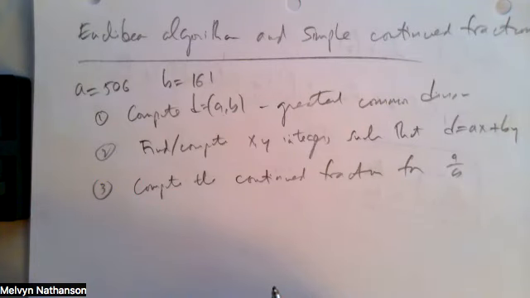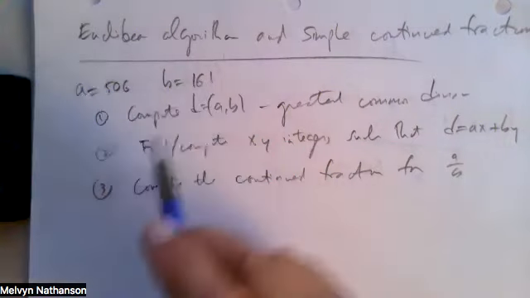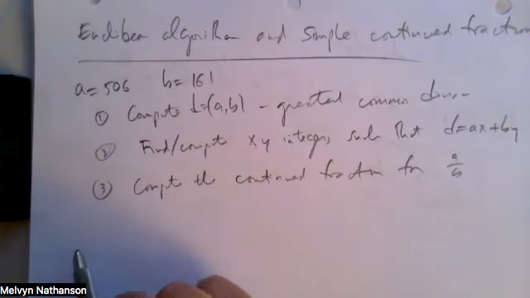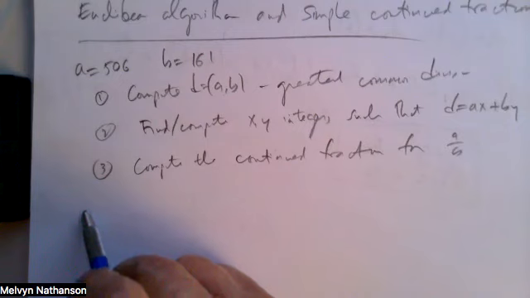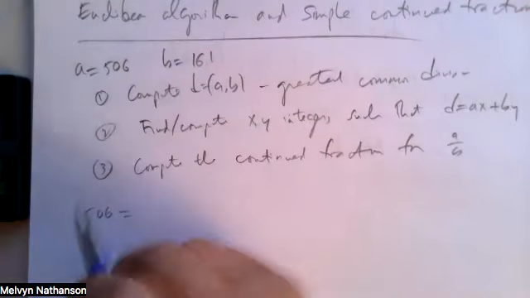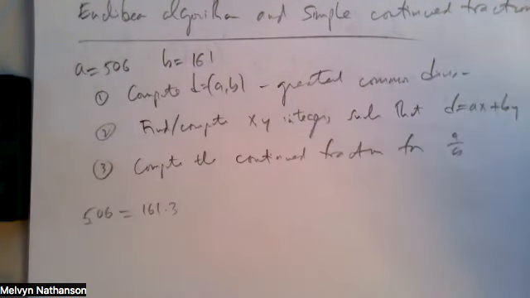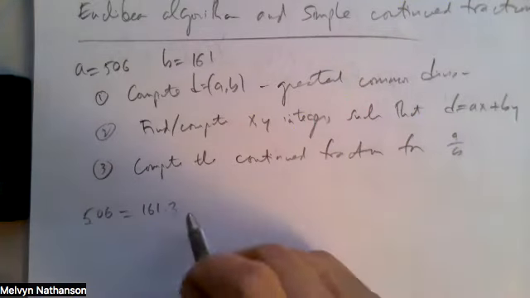And what does the Euclidean algorithm tell us to do? It says take the bigger number and divide it by the smaller number, and look at the quotient and the remainder. So 506 divided by 161: 161 times 3 is 483, and 506 minus 483 is 23.